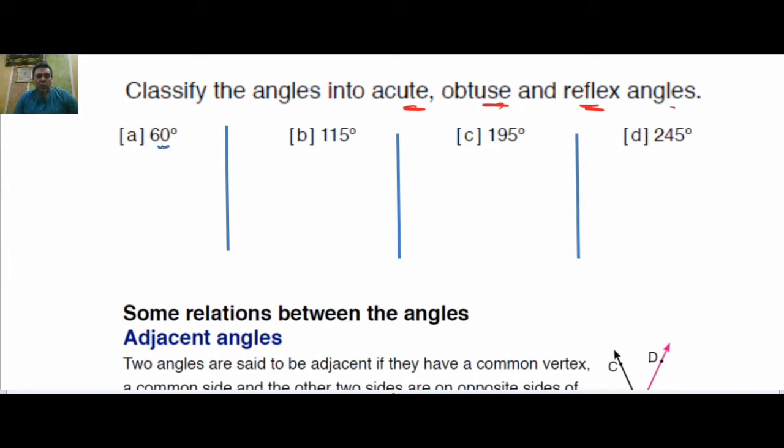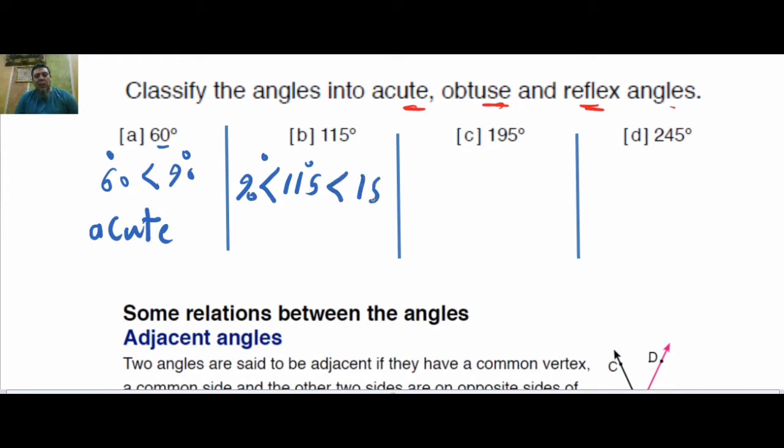This angle of measure 60 degrees is less than 90 degrees, so the type of this angle is acute angle. 115 is greater than 90 degrees and less than 180, so the type of the angle of measure 115 is obtuse angle.